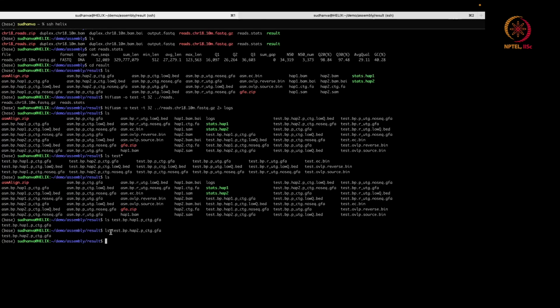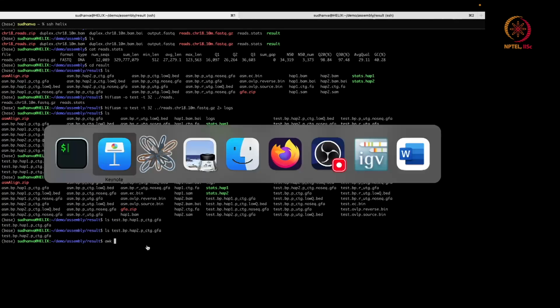However, this file also contains information about the edges and the links that are present in between these contigs. Now, we don't need that information, and the input to QUAST has to be in FASTA format. So we will convert these GFA files into FASTA, and the way we will do that is by using awk.